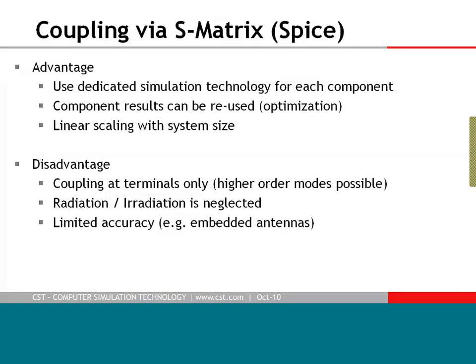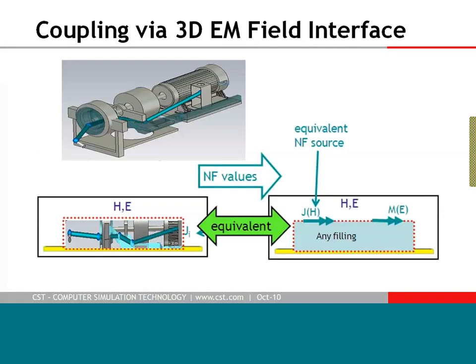A step forward is to consider a coupling between the cable and the 3D via electromagnetic fields. So what I do, I consider the field just nearby the cable itself, and then in the 3D, I consider an equivalent source. The advantage is that I monitor the E and H fields around the cable, and when then running the 3D, I don't need to simulate all the small details of the cable itself.